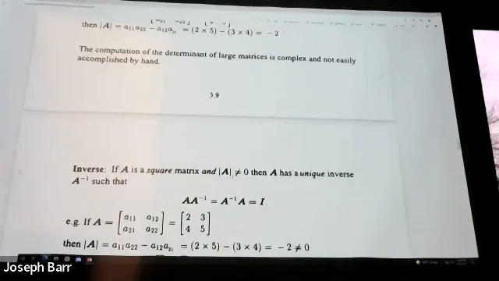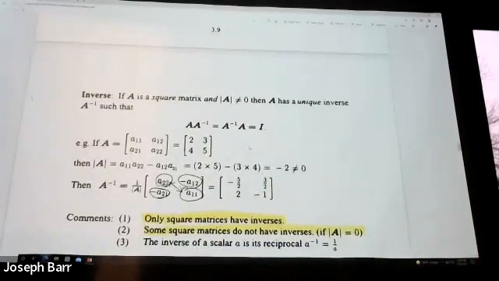If it's 0, then you cannot get an inverse. If we have the inverse of a matrix, then the product of the original matrix and the inverse is the identity matrix. Of course, whichever order you choose, it's true.